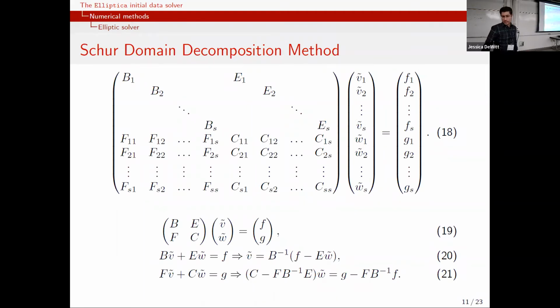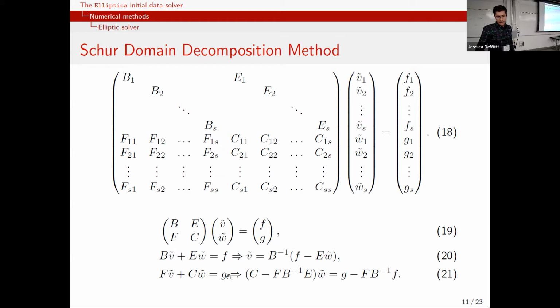And at the end of the day, the way that we solve this matrix 18 is by looking at this equation: 2 equations and 2 unknowns. If you look at equation 19, I can expand it for the first row, for the v tilde and for omega tilde, into 2 equations. I can write v tilde in terms of w tilde, and I can substitute w tilde into the next equation.